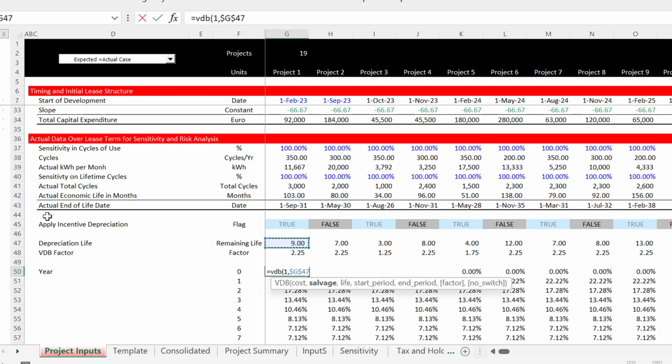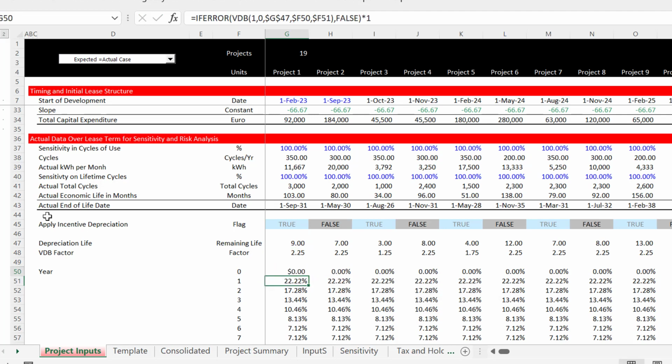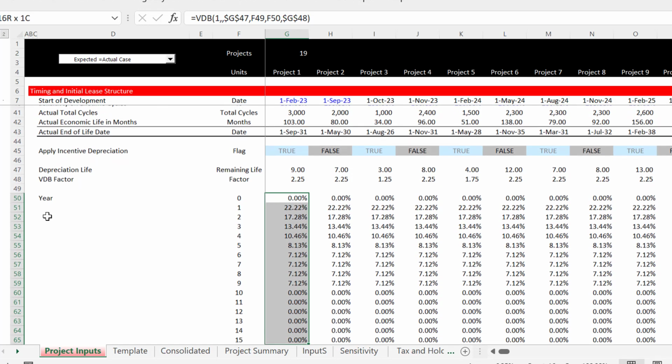Then we put this, and you get this pane with the start period as the prior one, and the end period as the next one. And then you put in this factor. Then you just copy it down.